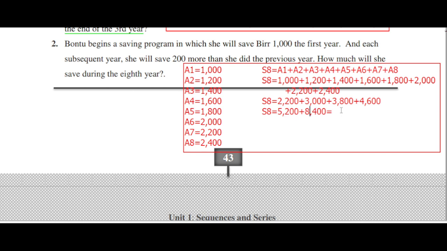Now the sum of these two: 5 plus 8 is 13, so 13,000, and 2 plus 4 is 600. So how much will she save during the 8 years? The amount will be 13,600.